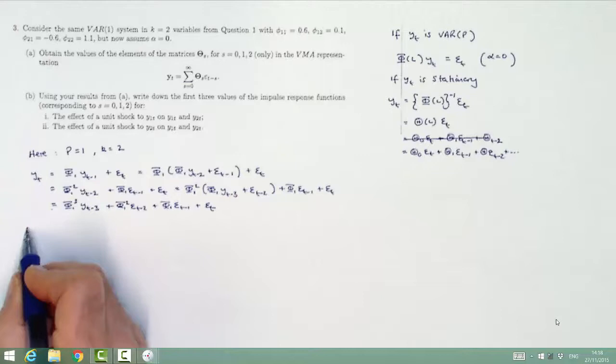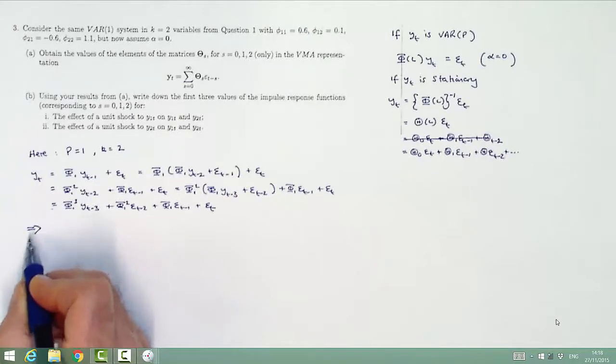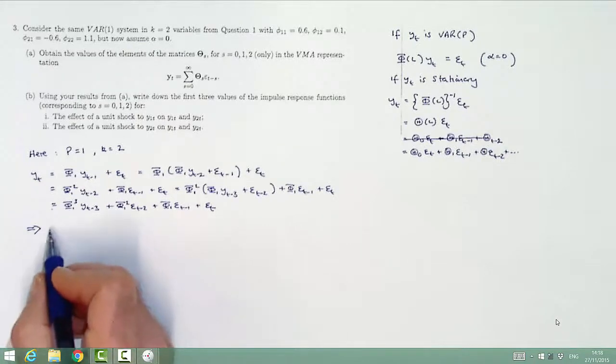So we already have enough information to work out what the theta matrices are, because we can compare the coefficients on the terms epsilon_{t-1} and epsilon_{t-2} from our back substitution equation with those from the infinite order moving average representation, and the coefficients must match.